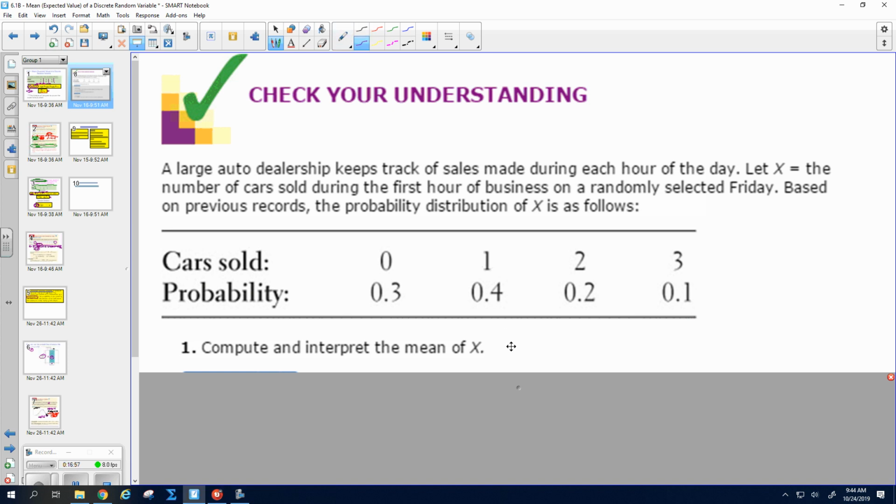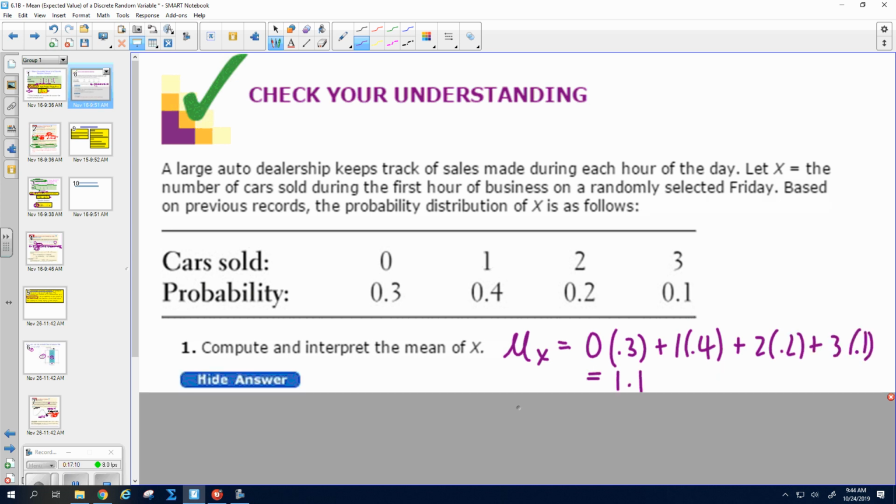Also, be sure you say mu of X equals 0 times 0.3 plus 1 times 0.4 plus 2 times 0.2 plus 3 times 0.1. And that all equals 1.1. Now it says interpret. After many, many Fridays and cars sold, the average number of cars sold is 1.1.